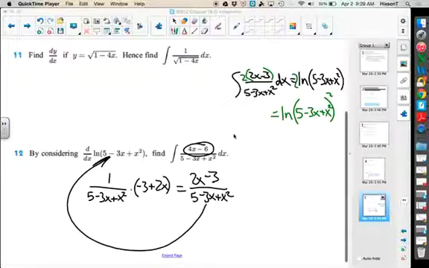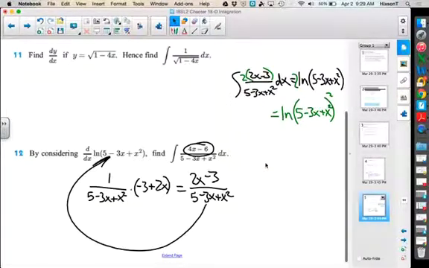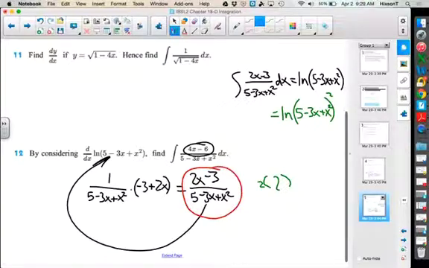So we show then that because of this, we know that the integral of this will equal the original function, the natural log of 5 minus 3x plus x squared, okay?